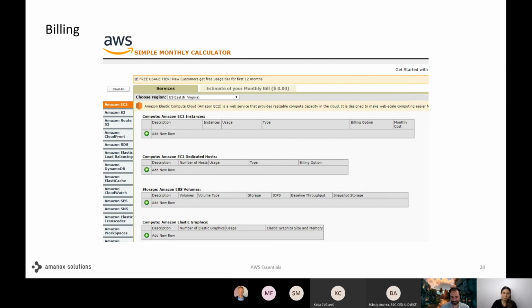For this, we have the Simple Monthly Calculator, which is pretty useful if you want to estimate how much your architecture is going to cost, or even for a personal project, for maybe a personal website. I have friends who do video game streaming, and they host their video games on AWS during the stream. So this is a useful tool to estimate how much it is going to cost you if you want to use the services.